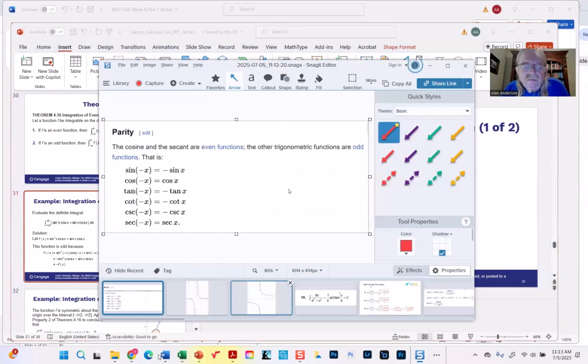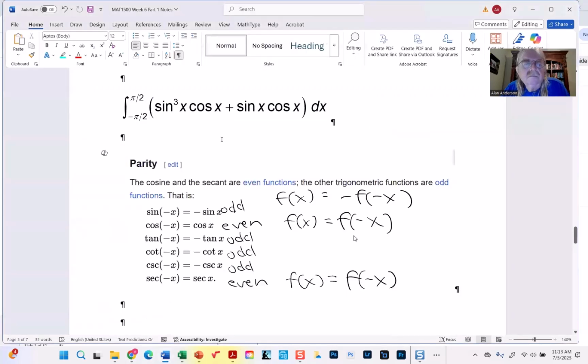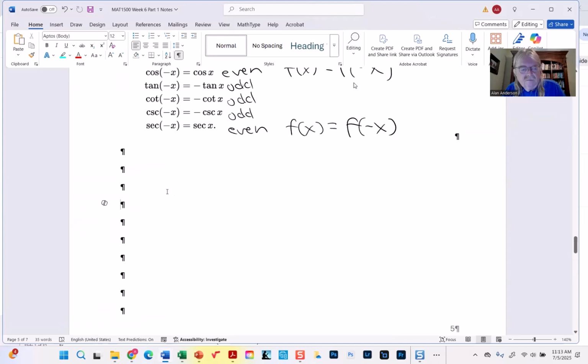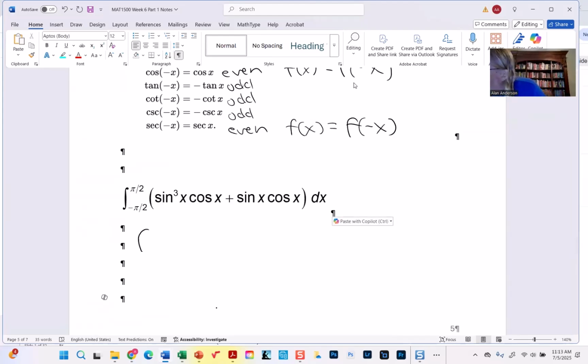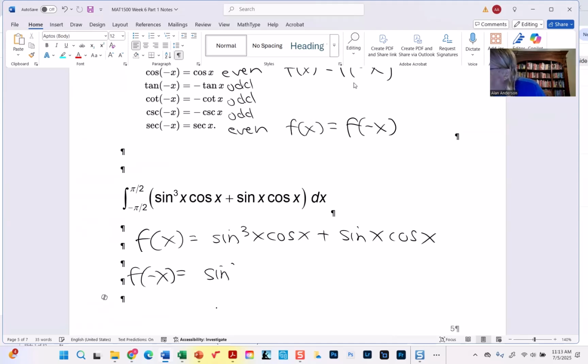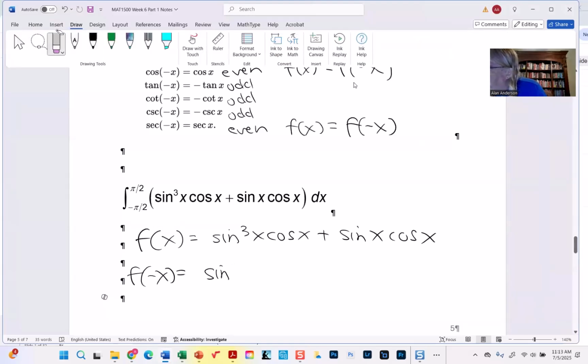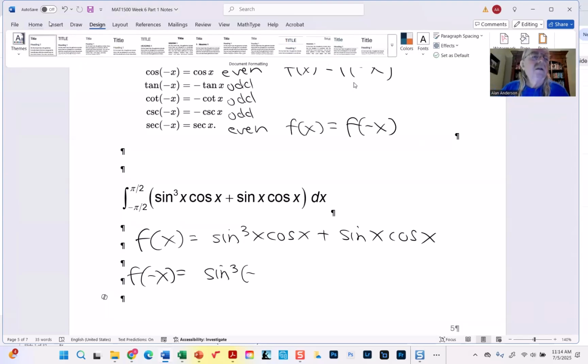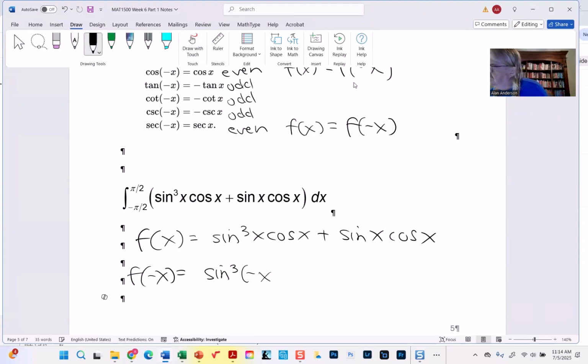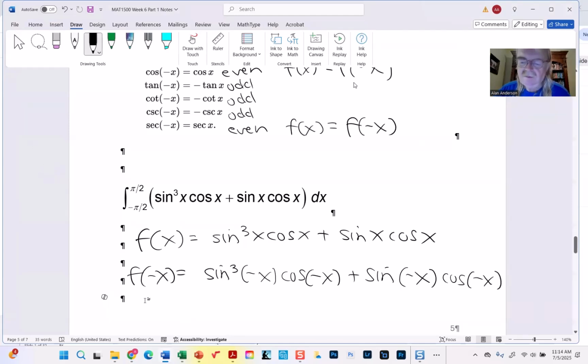f of negative x would be, all right, so that means that the f of x is here. All right, and then we can use this table to our advantage.